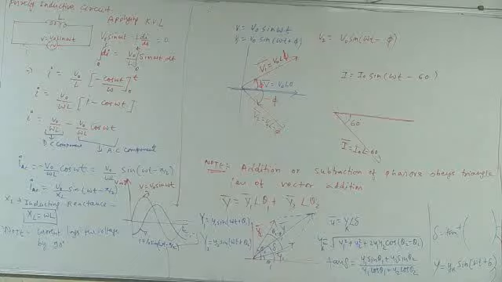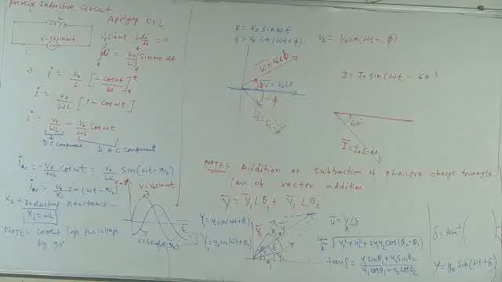V naught sin omega t represents an alternating source, an alternating voltage, which will drive the circuit. This we also said as a periodic EMF.